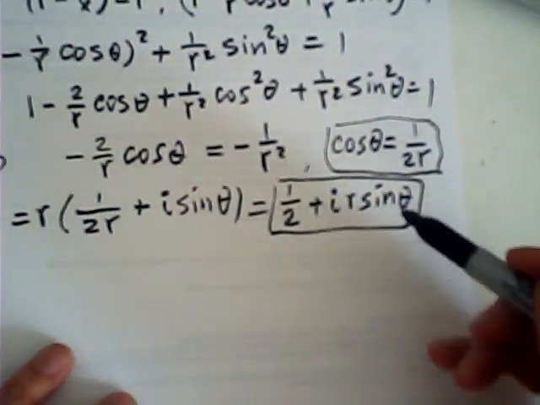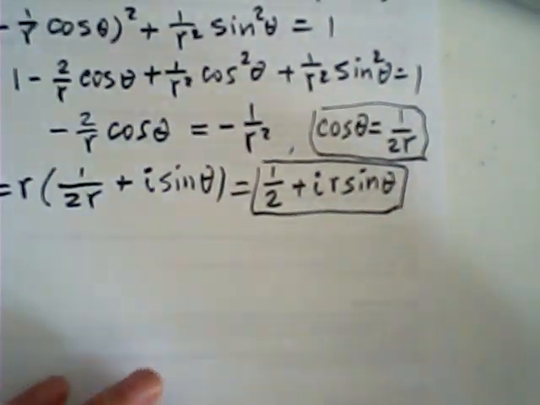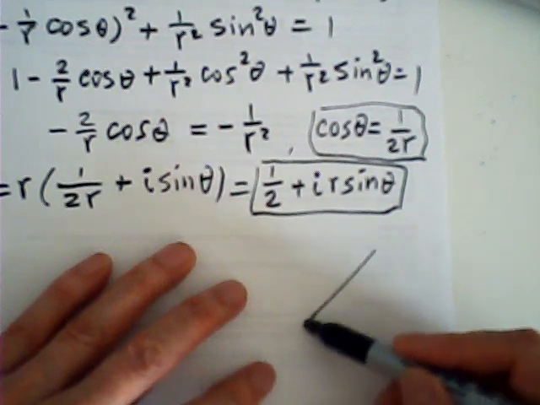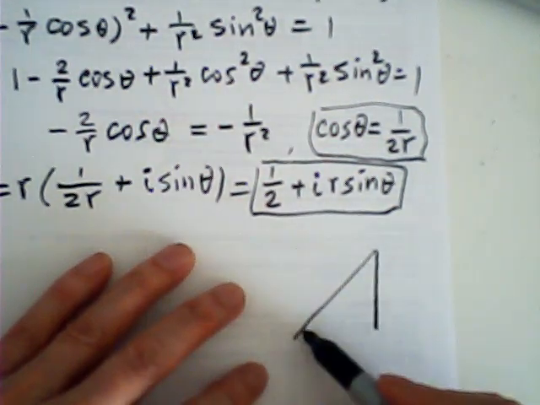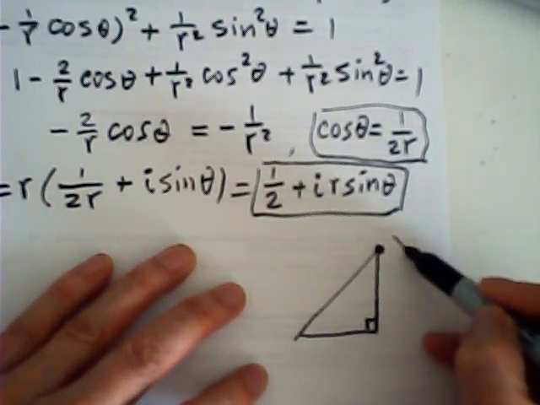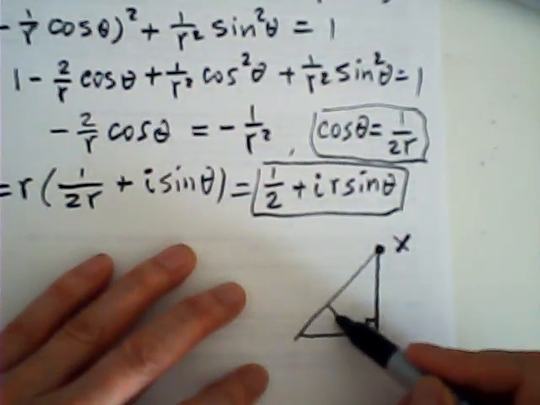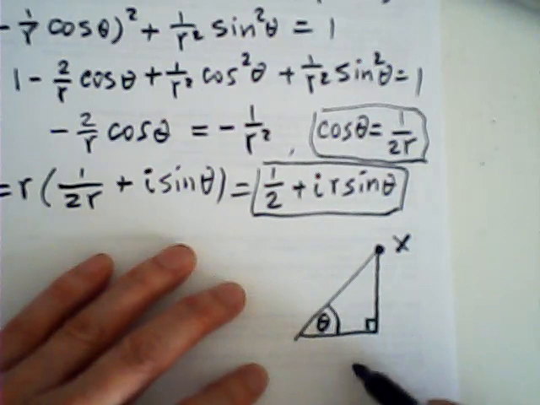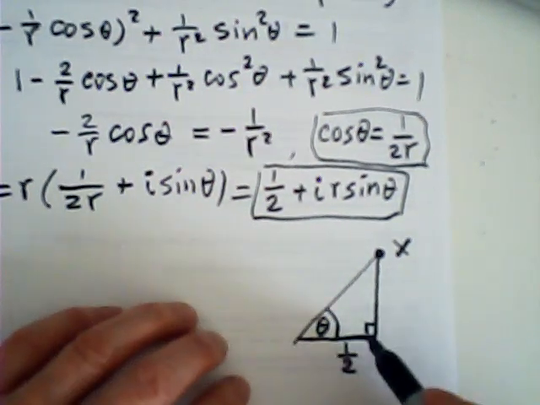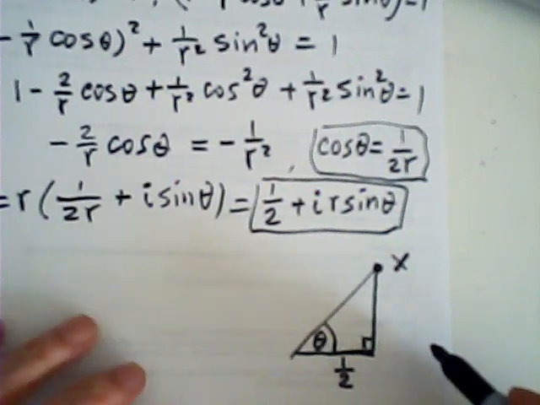Now, if we want to get rid of r, we can use the diagram. This is a complex number. This is x, and this is theta. This length is half. The real part is half, it's constant.